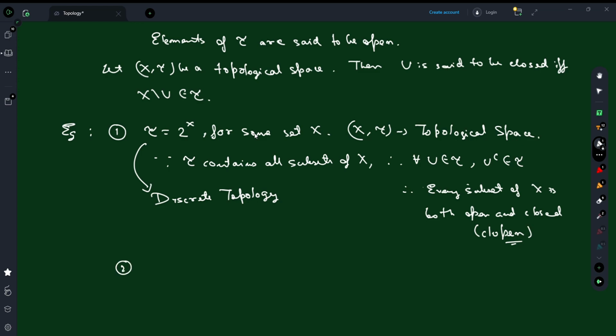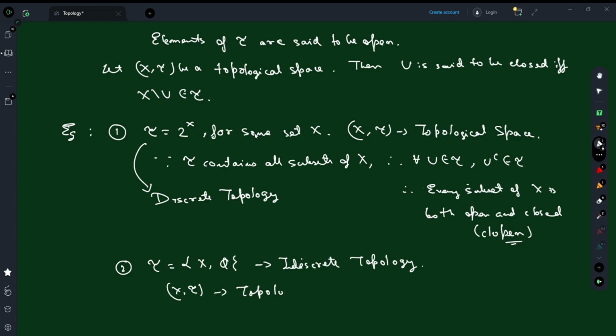One more trivial example is if tau contains only X and phi, that is the null set. This is called the indiscrete topology. So what are the only open sets of this topological space X, tau?